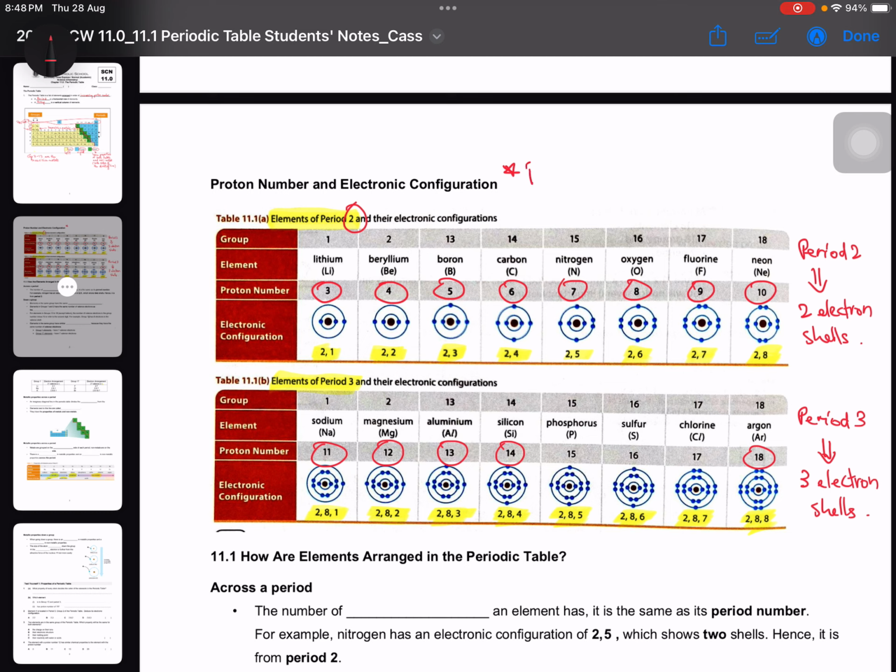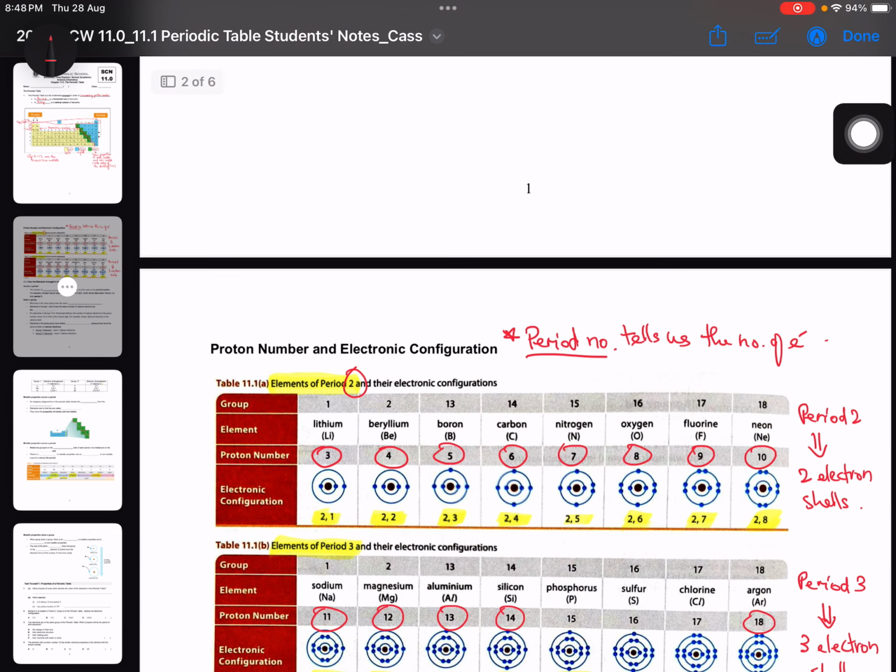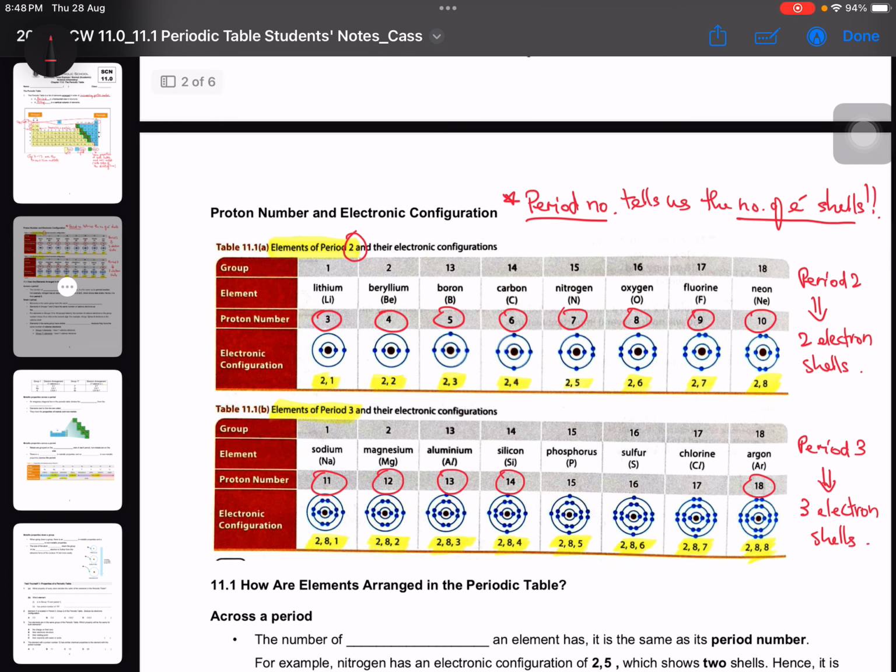The period number tells us the number of electron shells.